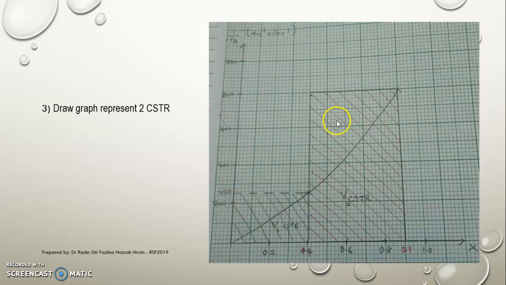Okay, untuk second reactor, yang ni pun sama. Lepas kita tarik ke 800 ni, awak plotkan semua. Tapi make sure awak ambil start daripada X, X sini sampai sini saja. Jangan tarik sampai sini. Okay, sebab dia punya second volume atau second reactor tu 0.9 hingga 0.4 sahaja. Okay. Yang ni untuk volume first reactor sahaja.